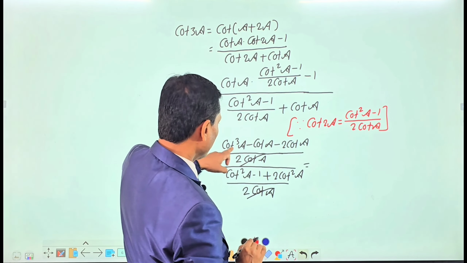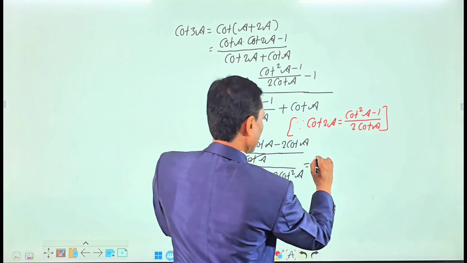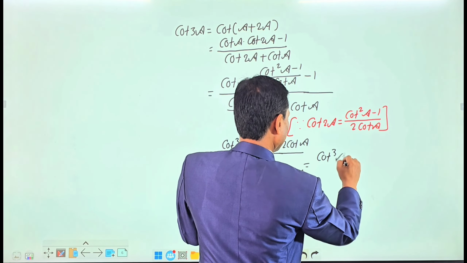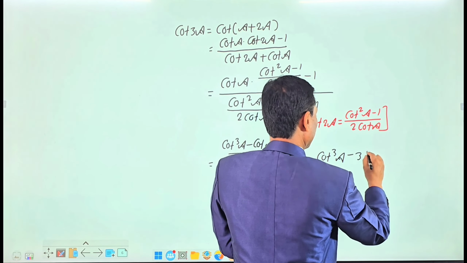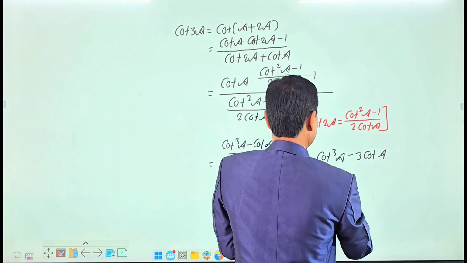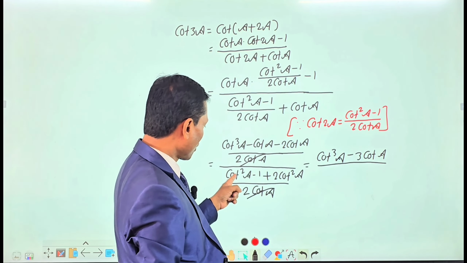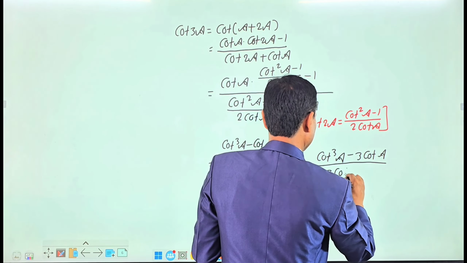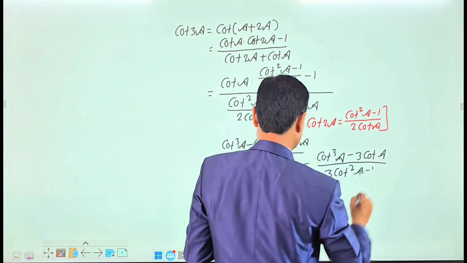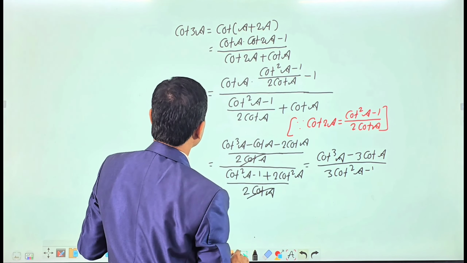Have a look here, cot cube a. So we can write here cot cube a and minus cot a minus 2 cot a, that gives us minus 3 cot a over, have a look here, cot square a plus 2 cot square a, that gives us 3 cot square a and minus 1. So that's the formula of cot 3a.